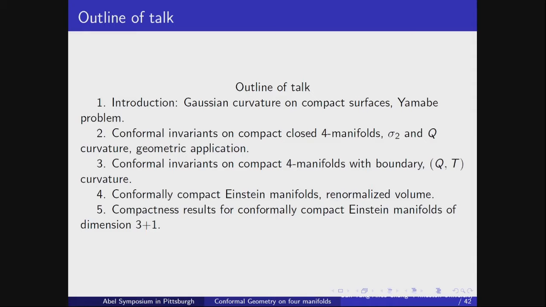And then we study conformal invariants on compact 4 manifolds. I talk a little bit about closed 4 manifolds, that's manifolds without boundary, and 4 manifolds with 3-dimensional boundary. And then we relate the study of conformal geometry to a little bit of mathematical physics, string theory, and there these invariants are related to a concept called renormalized volume.